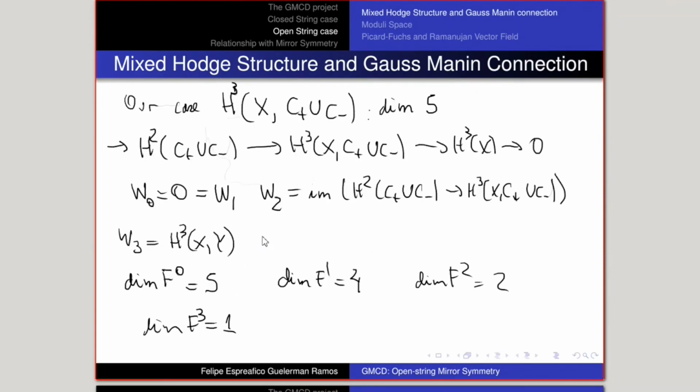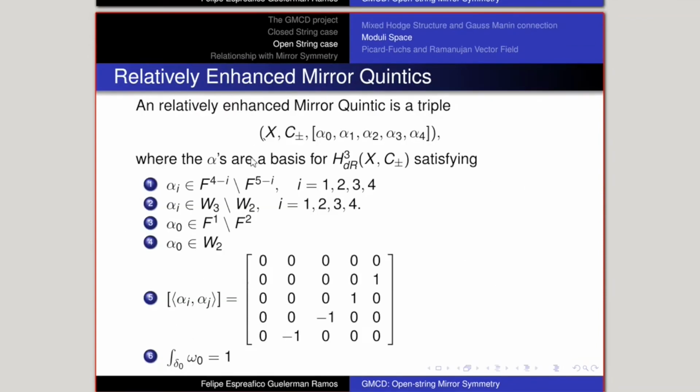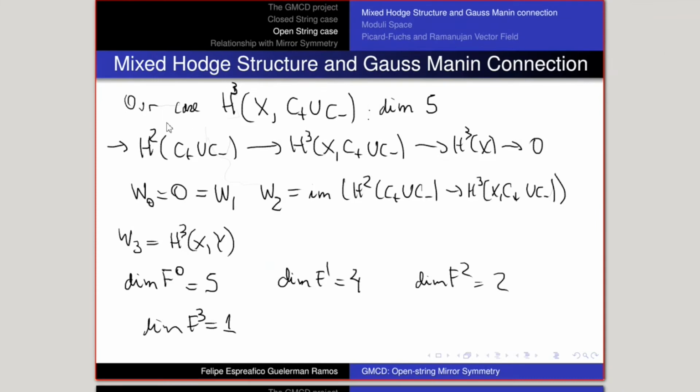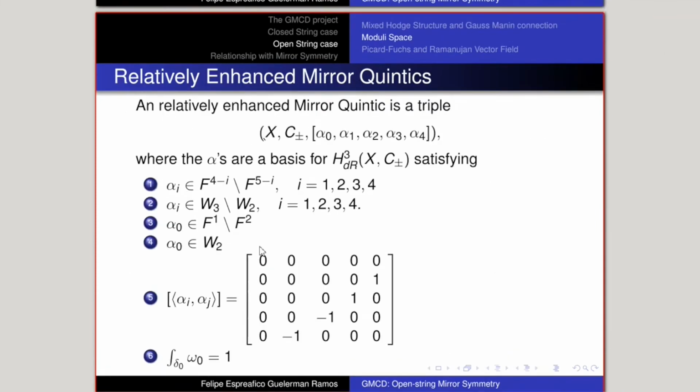Notice that this element alpha 0 is degenerate because it comes from H2, so it's degenerate. And also we ask for this to be 1, and this condition is kind of strange because it seems not to be algebraic. Here, delta 0 is the homology connecting C plus and C minus.